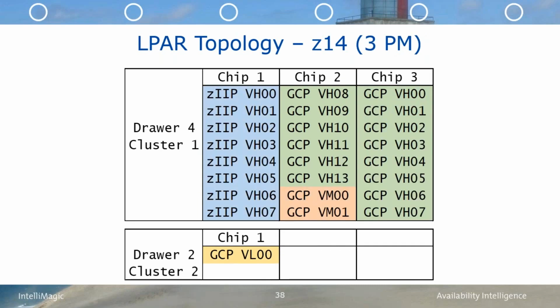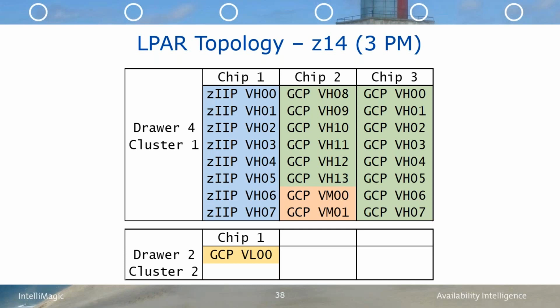Now I include this topology diagram from later that day, again on the Z14, to highlight 2 points. First, PRISM can make dynamic changes to LPAR topology. In this case, the change was likely driven by the fact that additional zips were configured online. Note that now the LPAR is located in an entirely different drawer. Now it's in drawer 4 versus drawer 2 earlier.